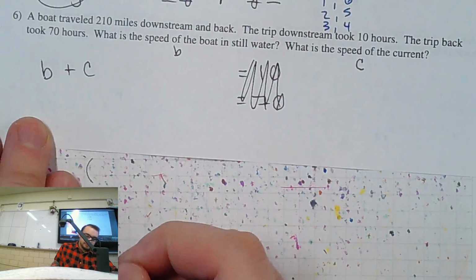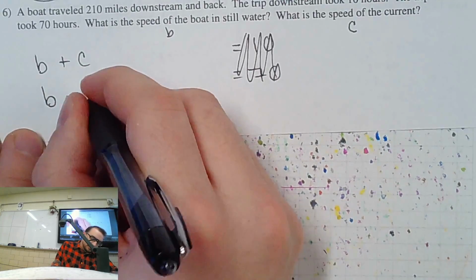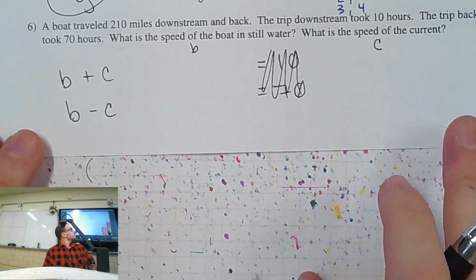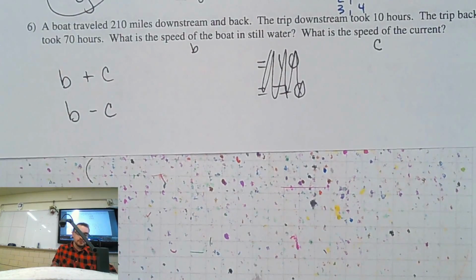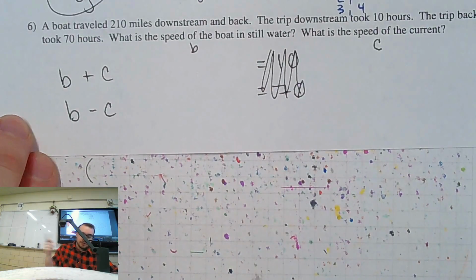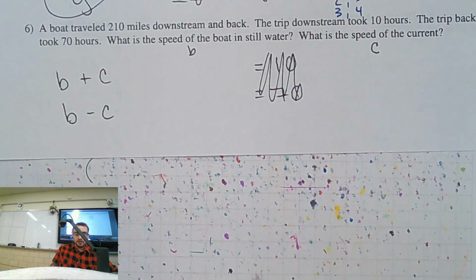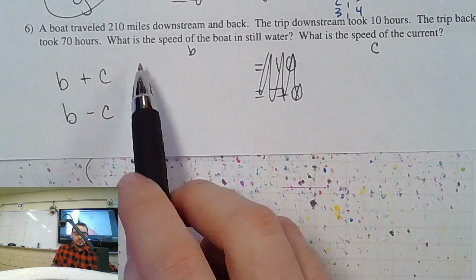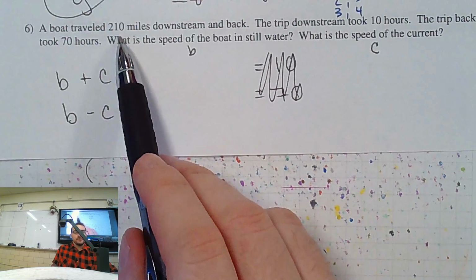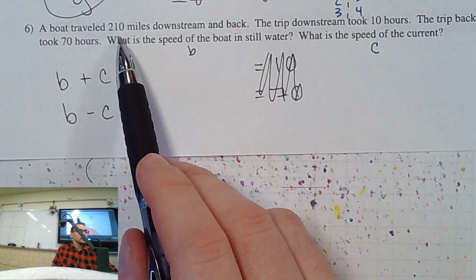Working together, working against, right? Now, we know that in total, up and down the stream was 210 miles. So how many miles was it to go one way? 210 miles total going up and down, right? So one way is going to be what?